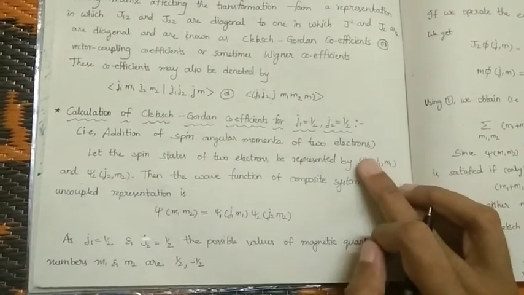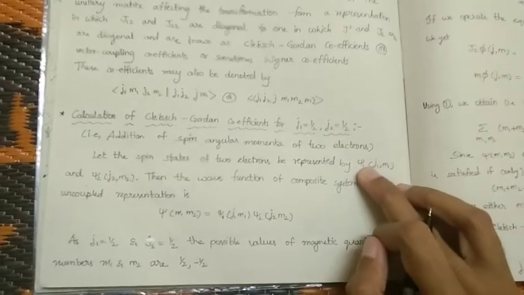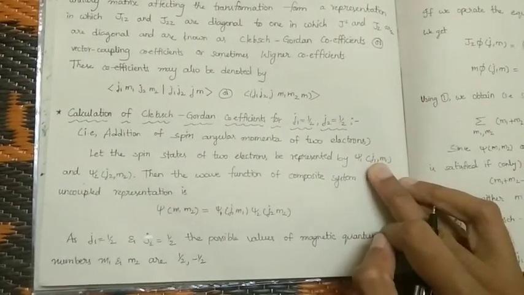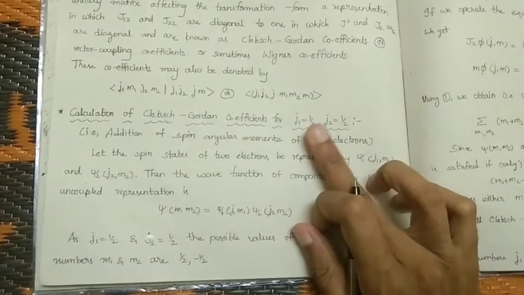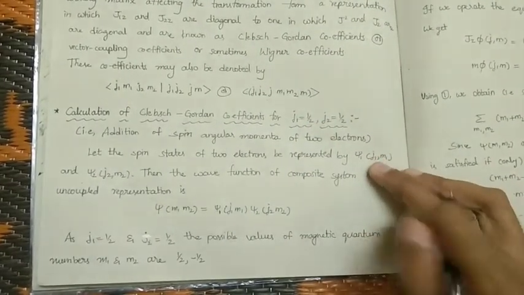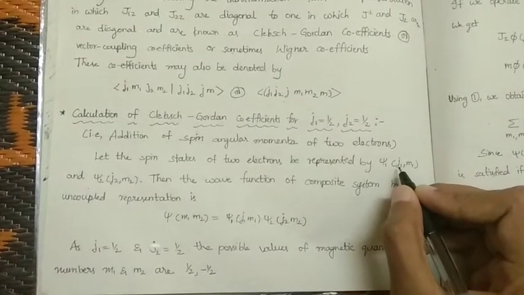So the first electron is described by this wave function xi1, a function of j1 comma m1. That is based on the angular momentum of the first electron. Here j1 is the total angular momentum.